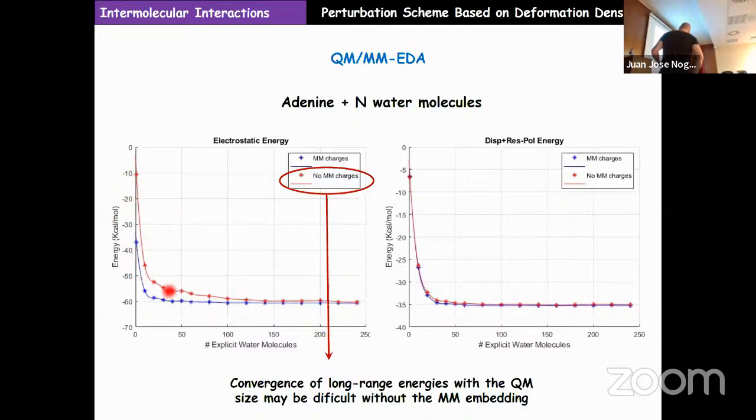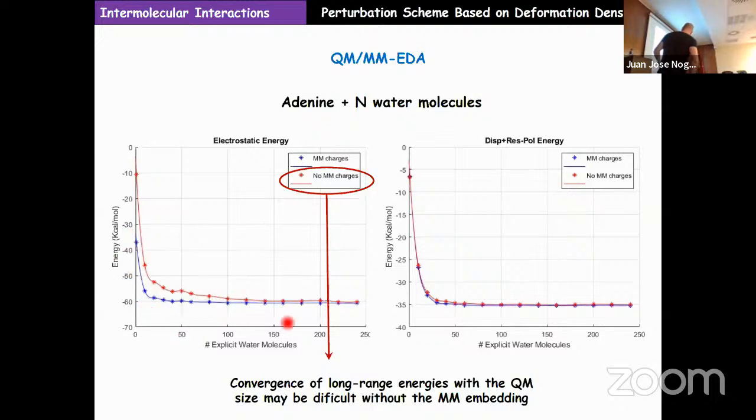The red line is pure QM EDA, so not as in the previous slide. I don't do a QM/MM calculation previously to obtain the electron density. So QM, only quantum mechanics. And the blue line is the result using QM/MM.